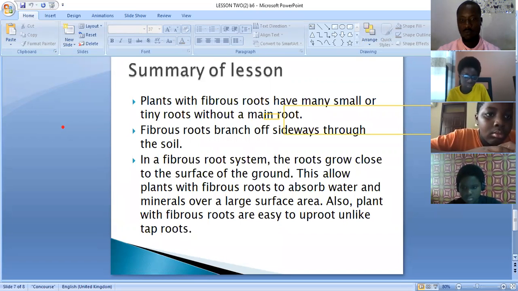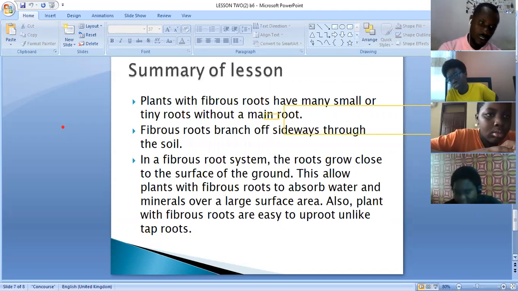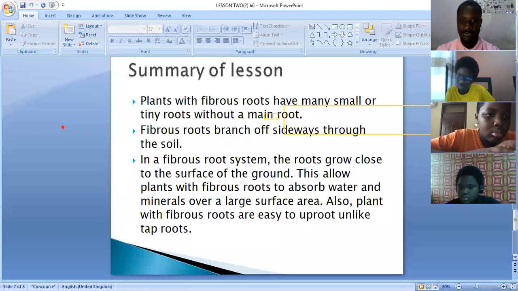Roots to absorb water. Because it doesn't go deep, and as I said earlier in the earlier presentation, most of the fibrous rooted plants, the plants that fix nitrogen into the soil, the carpi and co., have what they call root nodules on them.